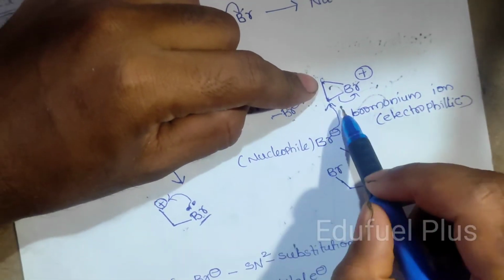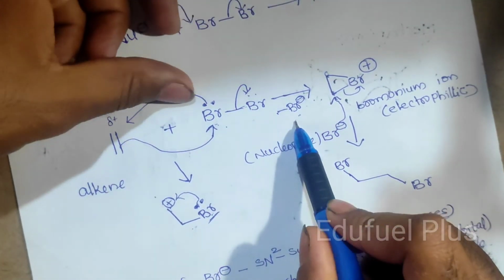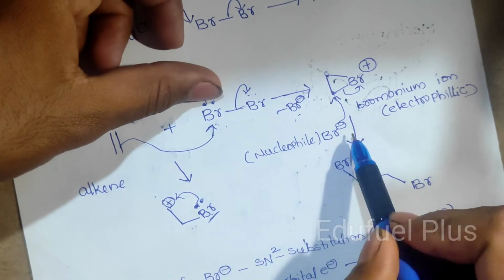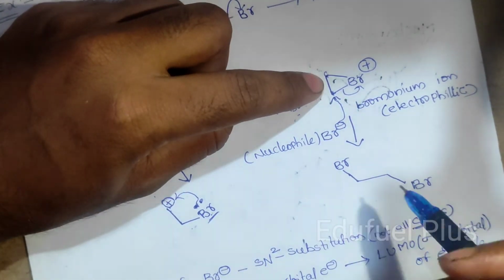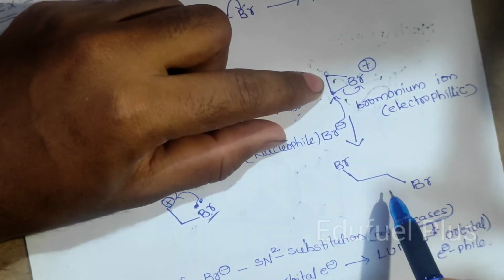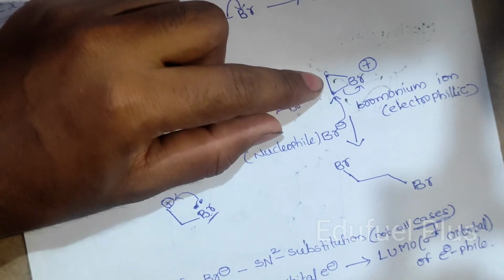This is also an electrophile. Now the bromide ion which is released attacks at one carbon, following the SN2 mechanism, and we get the final product like this.